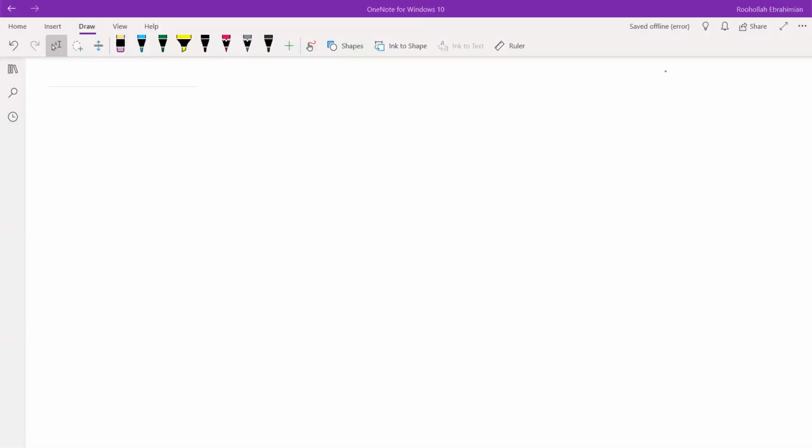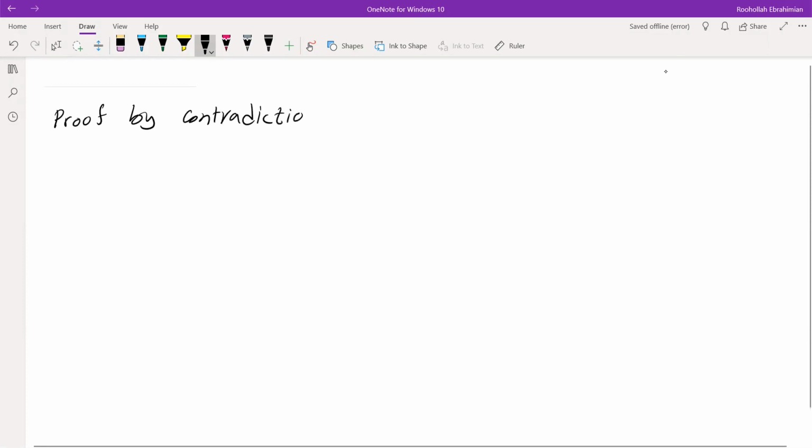Okay, hello. I just wanted to show you two different methods of proof that some of you might be familiar with. And if not, I'll explain those two methods. The two methods that I'm talking about are proof by contradiction and proof by mathematical induction.